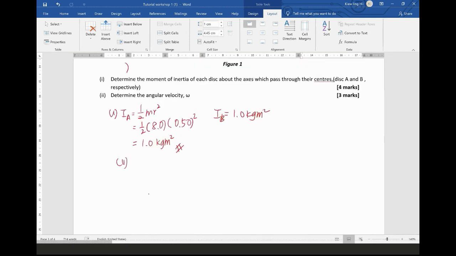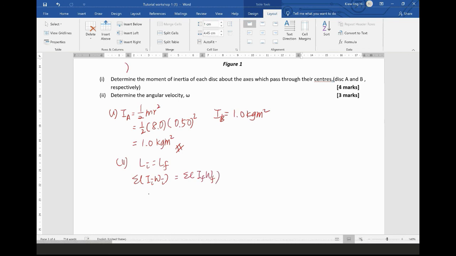According to conservation of angular momentum, initial equals final. So total I omega initial equals I omega final.